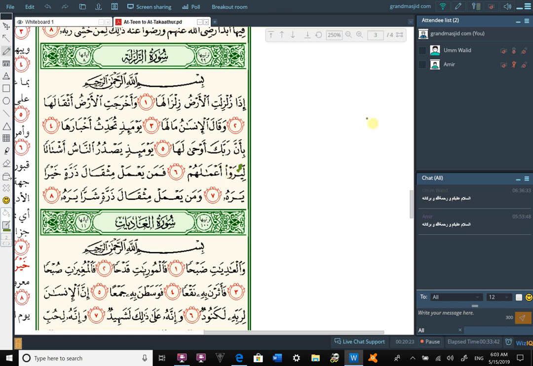Usually it would be yurawna, but we dropped our noon because of our lam, making it majzoom. We put an alif there to protect the waw. Li yuraw. The passive of yara, to see, would be to show. That I see it, rather someone else is making me see it. So they're showing me. Li yuraw a'malahum.